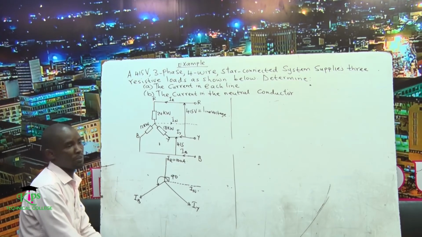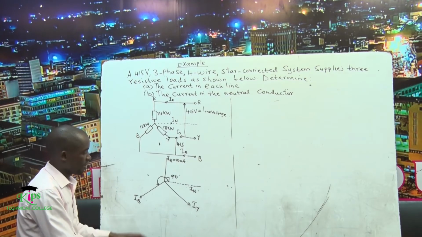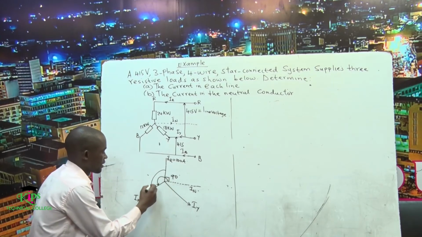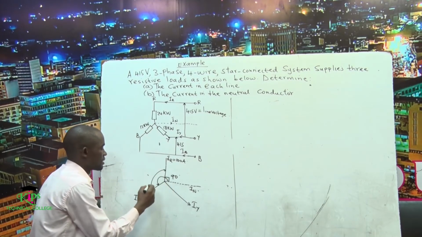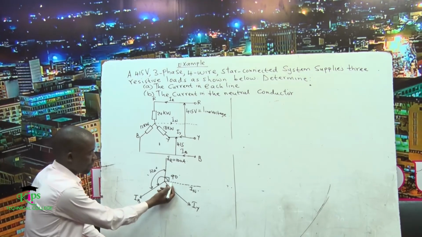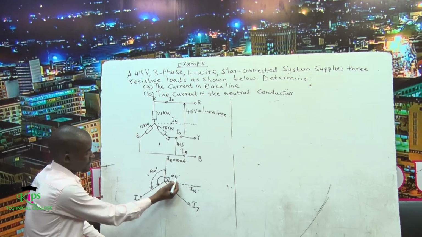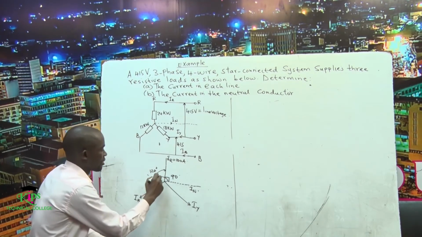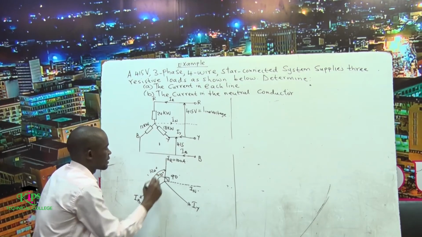We have said that in our previous classes. So the angle between this and this, we know it is 120 degrees. But because we are starting from the neutral, it will be 90 plus 120. So 90 plus 120 will get 210 degrees.